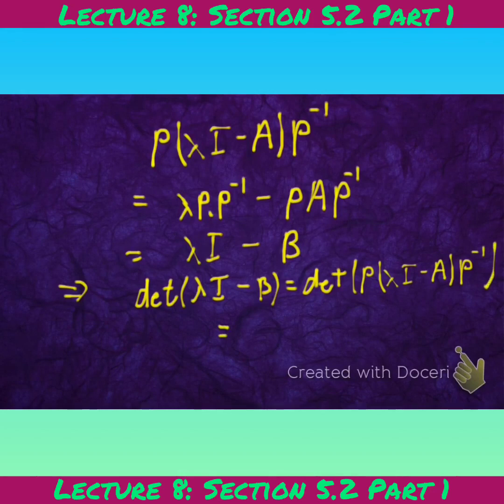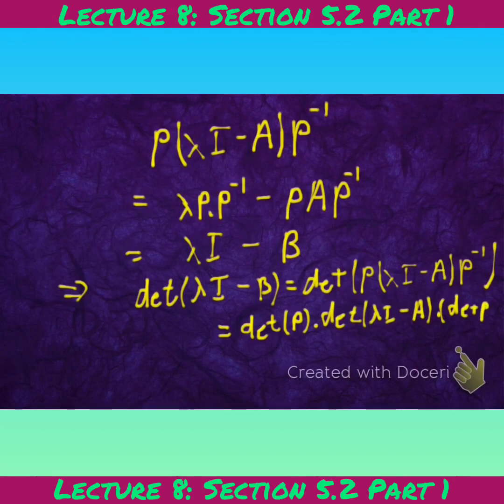And again, the determinant distributes. There we get the determinant of P, multiplied by the determinant, and you will see immediately that the two basically have exactly the same characteristic polynomial. Multiplied by the determinant of P to the power of minus 1.